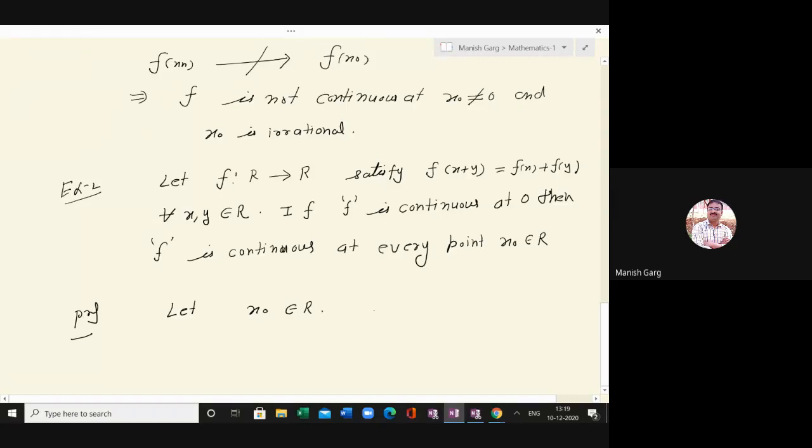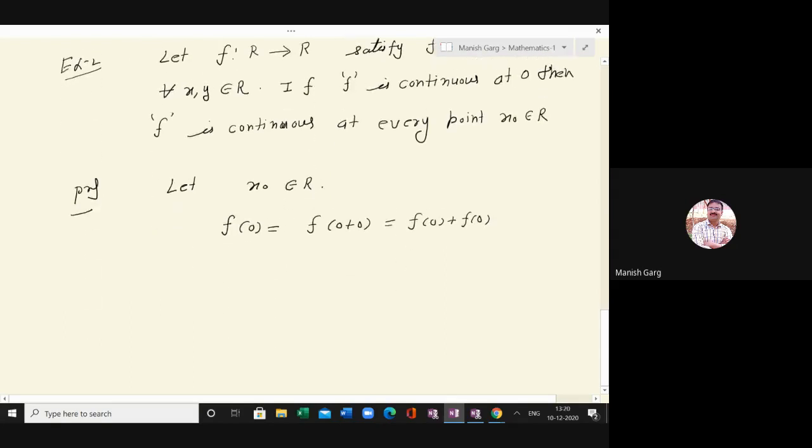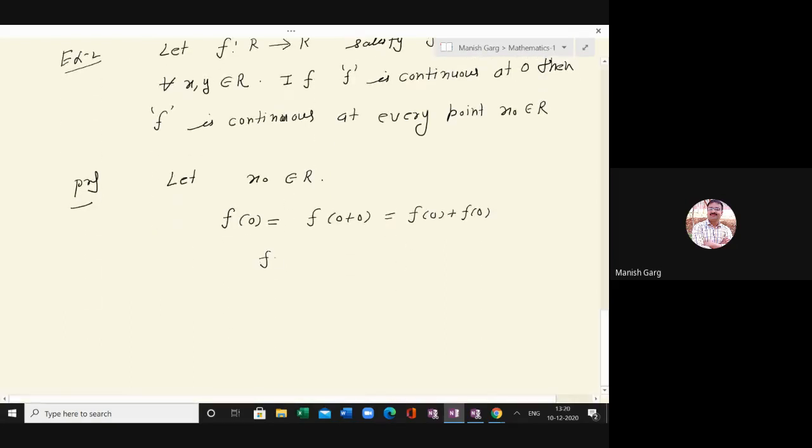Now what is f(0)? So here I am deriving some conditions from the given condition. You can write f(0 plus 0), this is f(0). So from here you can write f(0) is equal to 0. Now you can write f(0) is equal to f(x minus x).